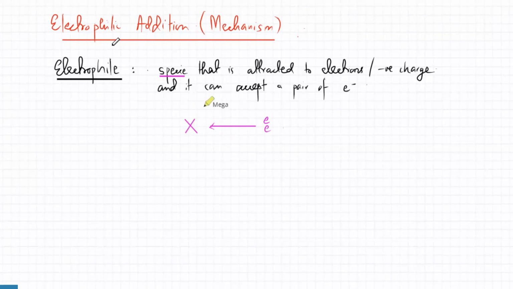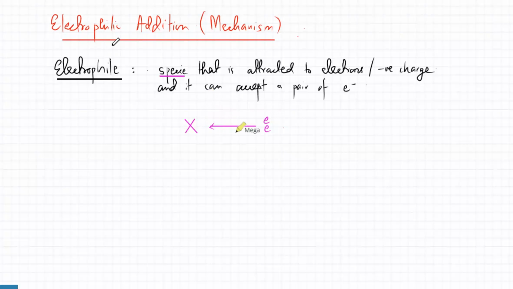This thing could be positive, right? That's one option. That's why it's getting attracted to electrons. It could also be slightly positive. Even something slightly positive would also be attracted to electrons. Or it could be something that is electron deficient altogether.